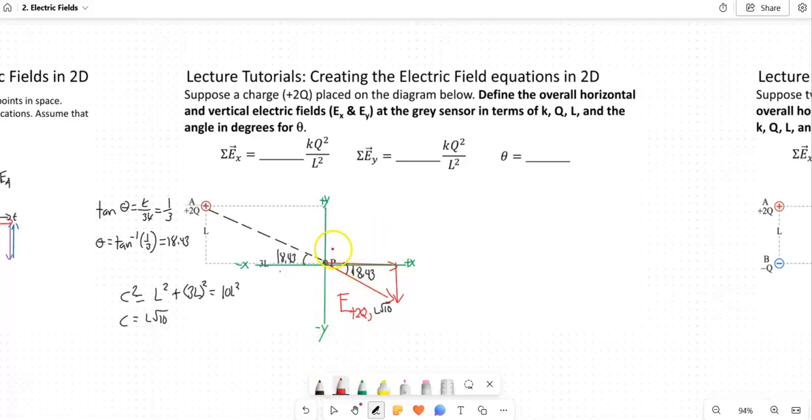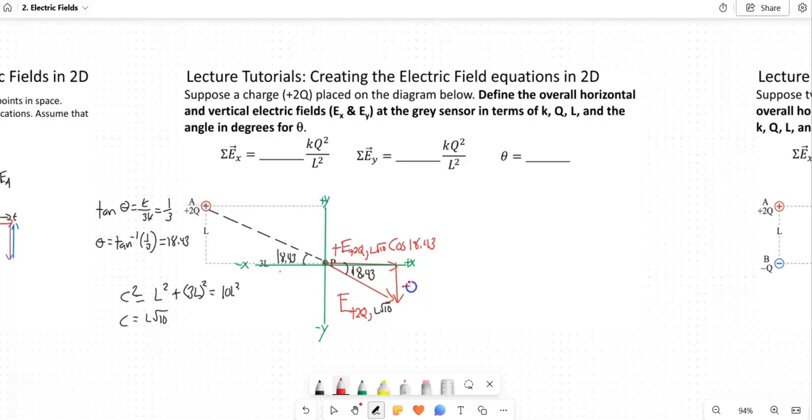All right, this rightward vector is pointed to the right, and that's going to be our hypotenuse, which is positive 2Q, comma, L square root of 10 cosine of 18.43.